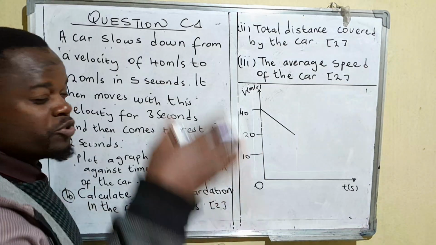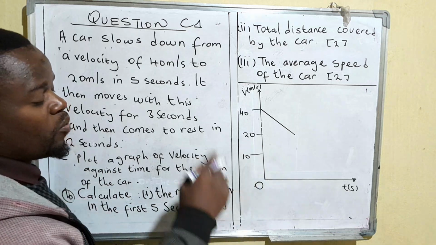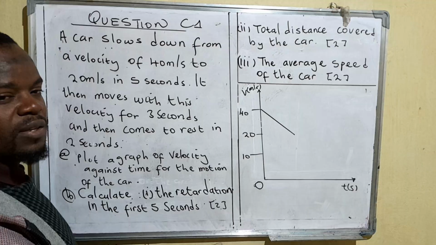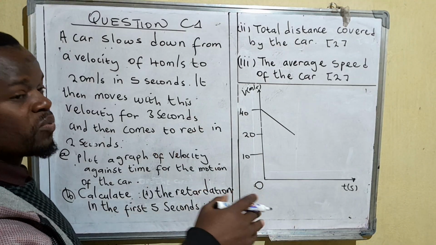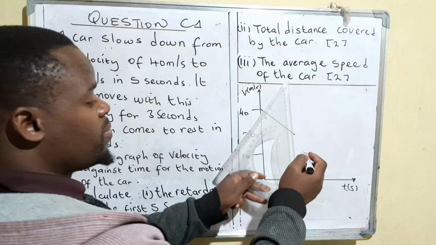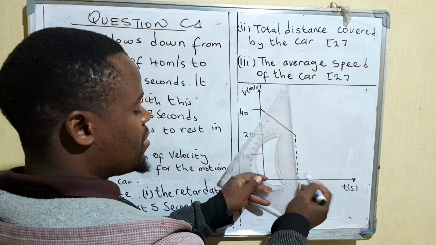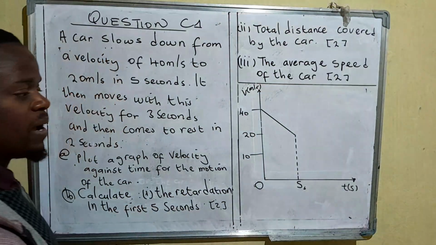It drops its speed to 20 meters per second. Within what time? Within 5 seconds. So from 0, the car slows down to 20 meters per second within 5 seconds. So we can draw a line here and then indicate 5 seconds, right?